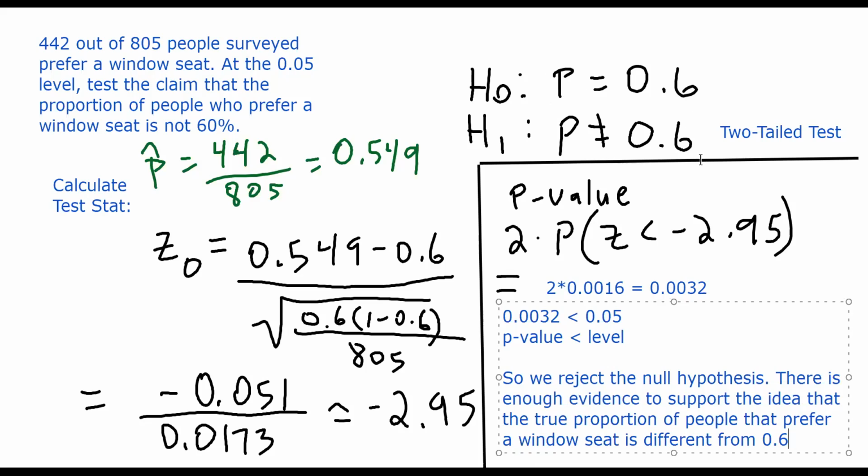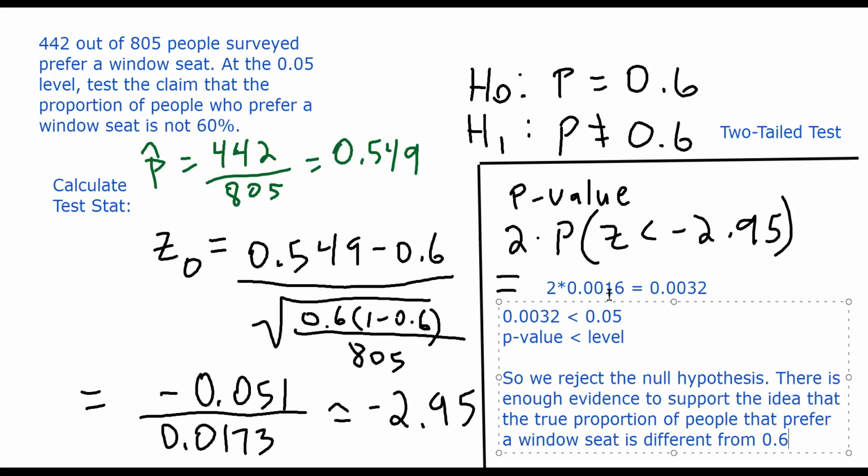The alternative hypothesis kind of won out here because our p-value was so low. And thus, we are supporting the idea that the null hypothesis is not true. We're rejecting it.